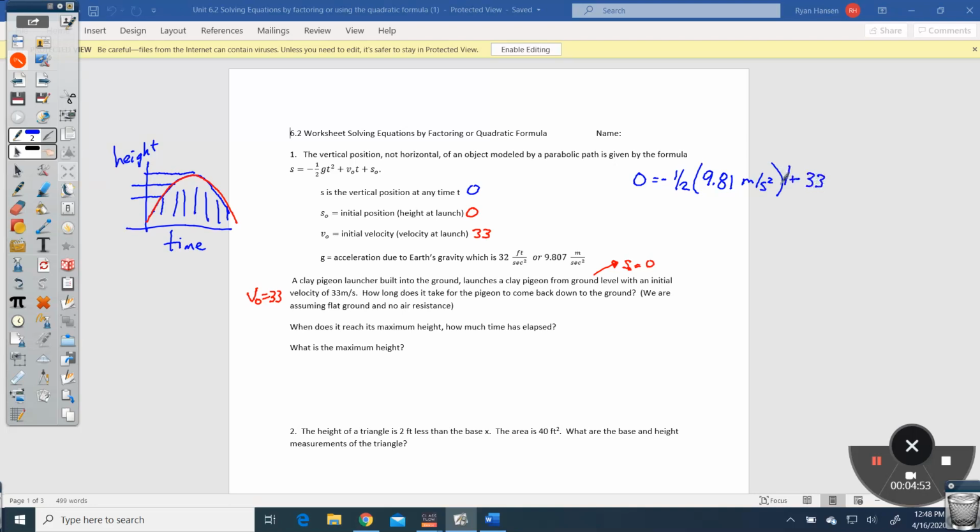Oh, whoops, I forgot the time on this one. That's the important part. Time squared. 33 times t, plus my initial position, which is 0. So now what I have is 0 equals negative 1/2 times 9.81.